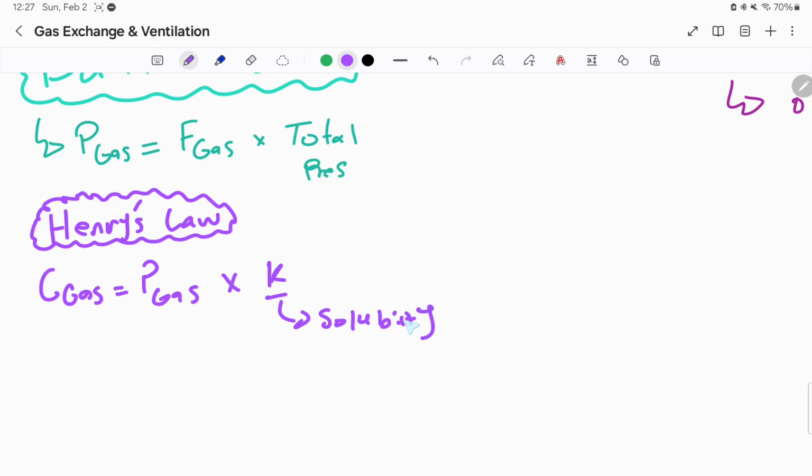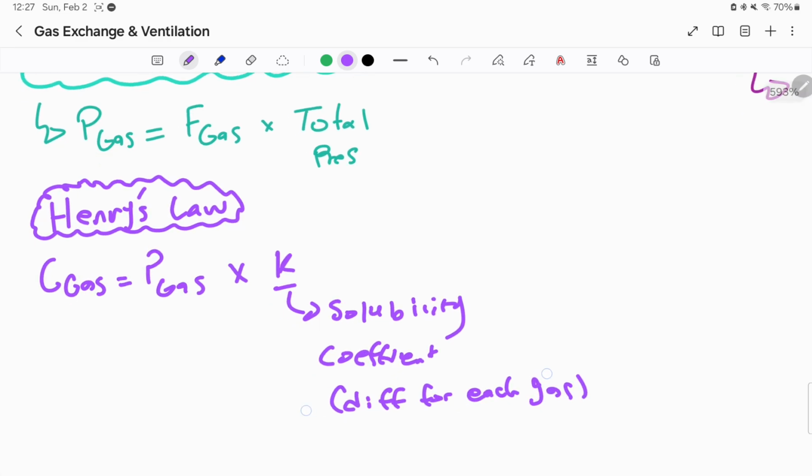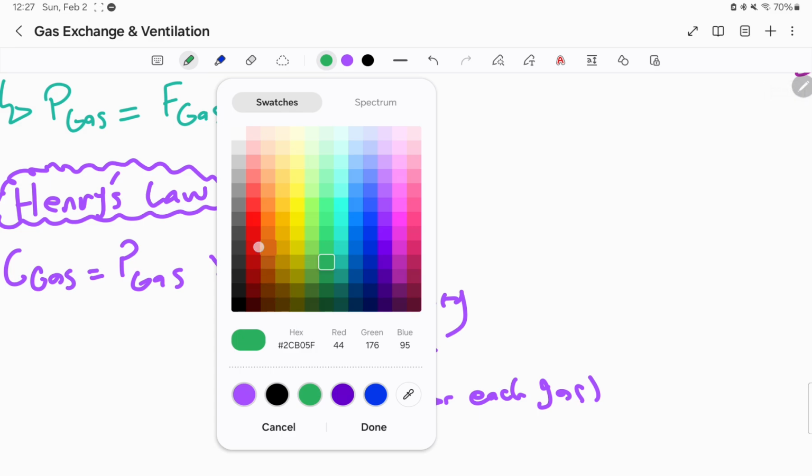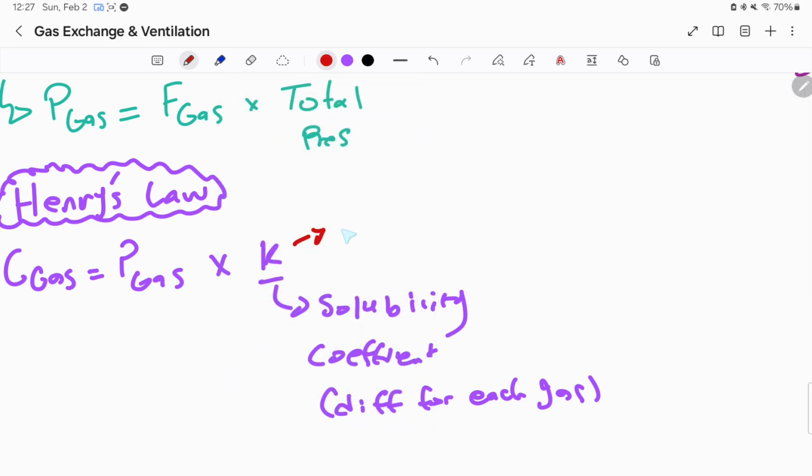Solubility coefficient. Awesome. What does that mean? This solubility coefficient is different for each gas, okay? And it can tell you something very important. If the solubility coefficient is high, that means that you actually require a low diffusion pressure for that gas.